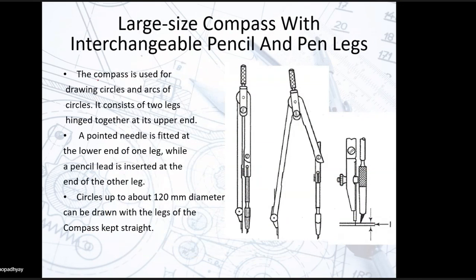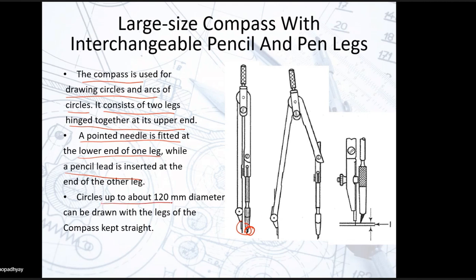Here, the compass is used for drawing circles and arcs. It consists of two legs hinged together at its upper end. A pointed needle is fitted at the lower end of one leg. So this is your pointed leg, while a pencil lead is inserted at the other end. So here, this is your pencil lead.